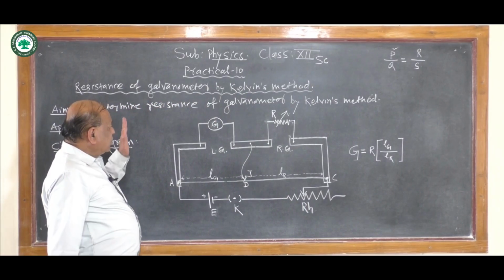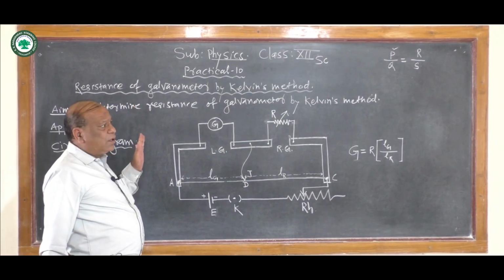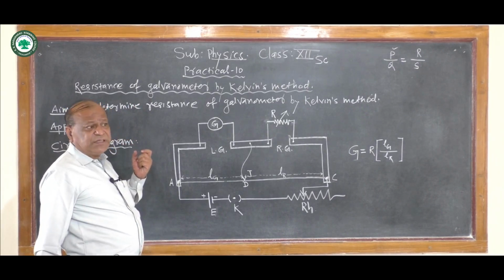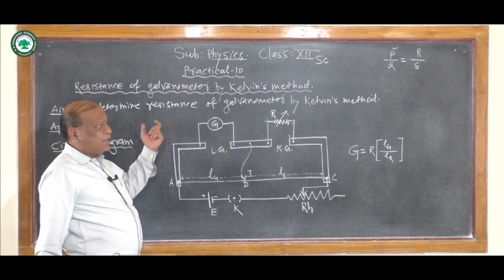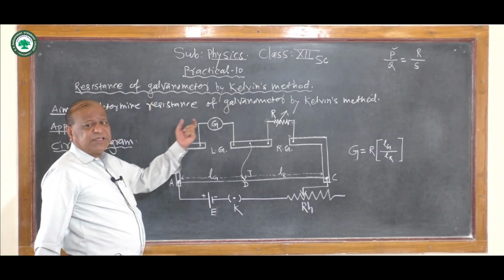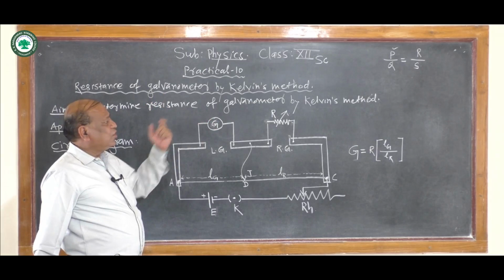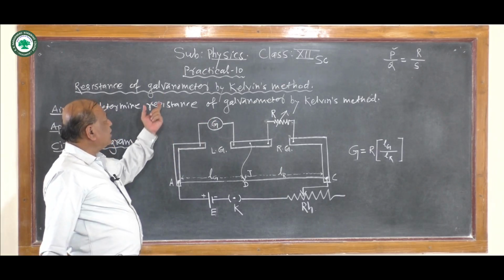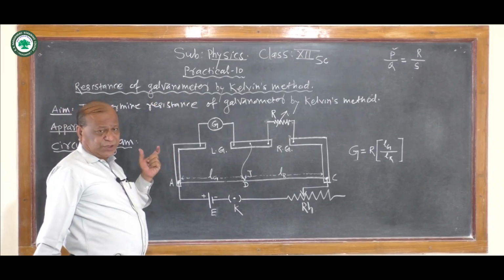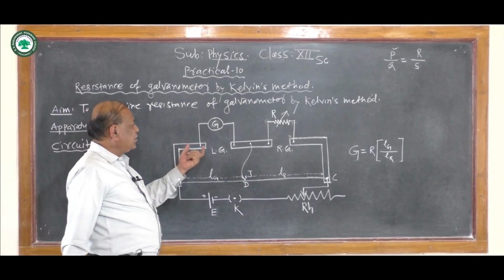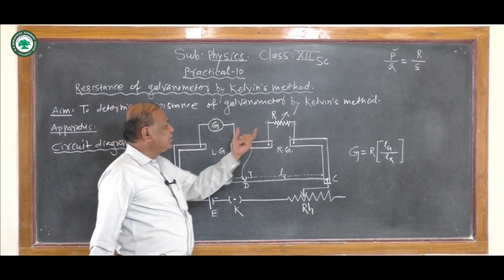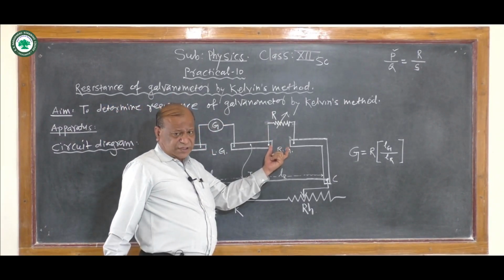Now, there is a very small difference between the two circuits: the circuit used to verify the series and parallel combination of resistors, and the circuit to determine the resistance of a galvanometer by Kelvin's method. Here the galvanometer is connected in the first gap and the resistance box is connected in the second gap.